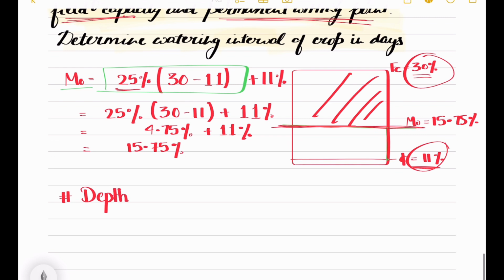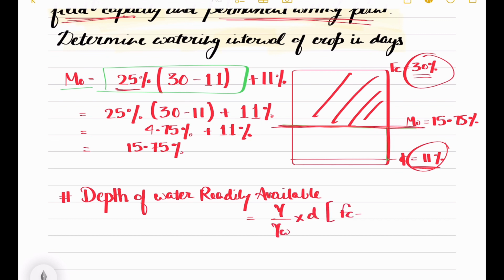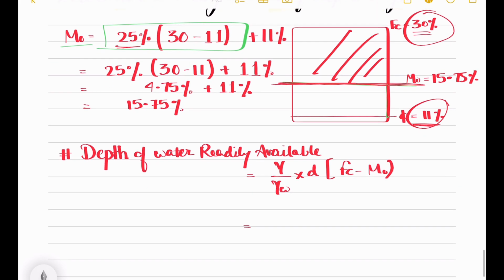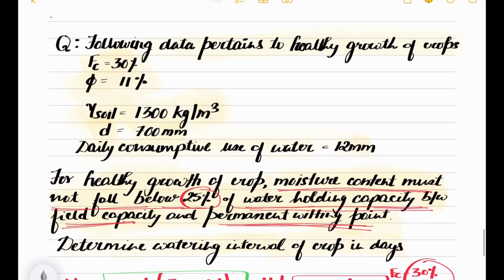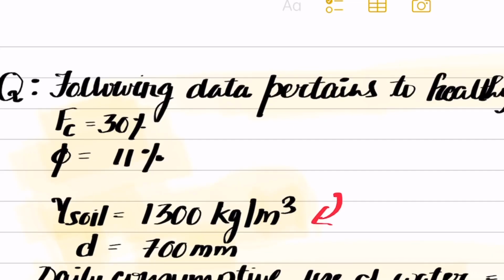the depth of water that is readily available, we know the formula. The formula is gamma by gamma W into depth of root zone into field capacity minus M naught. Right. Gamma we have been given 1300 kg per meter cube.